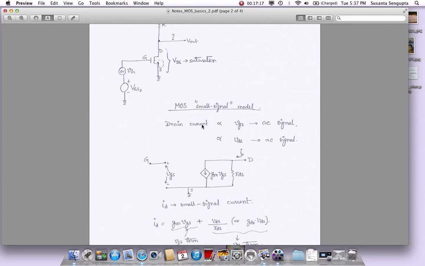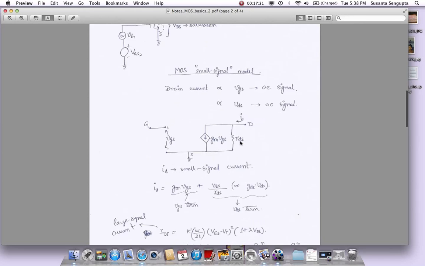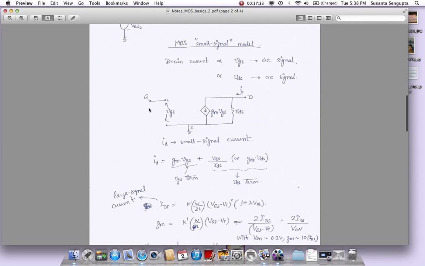So we already talked about earlier, the drain current is proportional to VGS and VDS. If these are the small signal values, then it has a proportionality to both of them, as we have seen previously. Shown here is the small signal model, and how does it really come about?